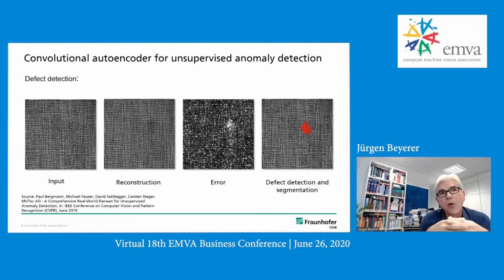It knows only the okay texture and can reconstruct this texture. And then if we subtract both, we have a locally big error which we can use for defect detection and segmentation.